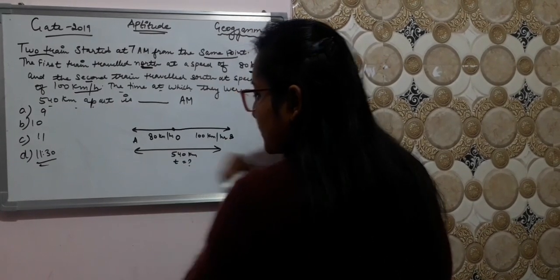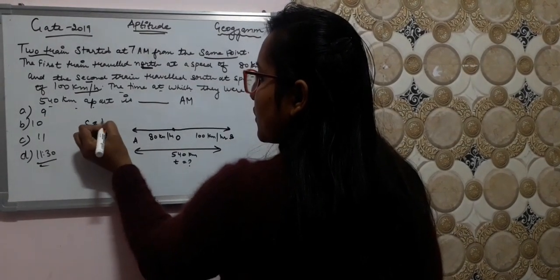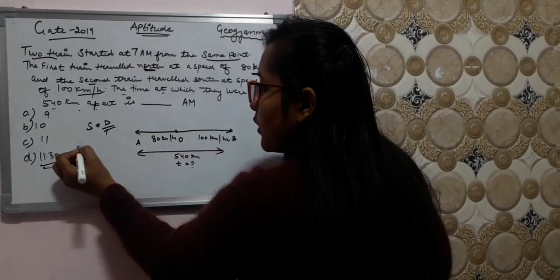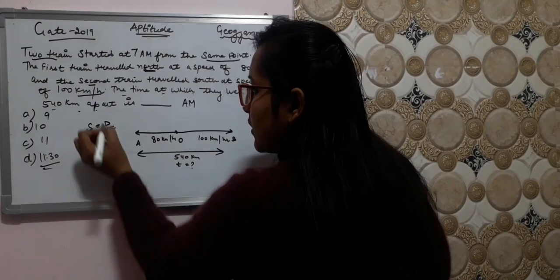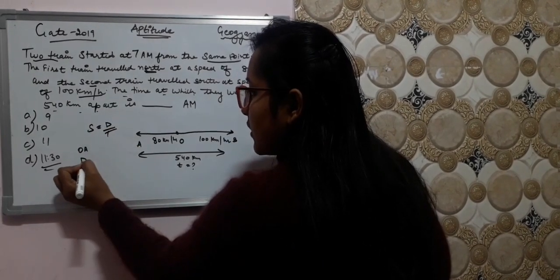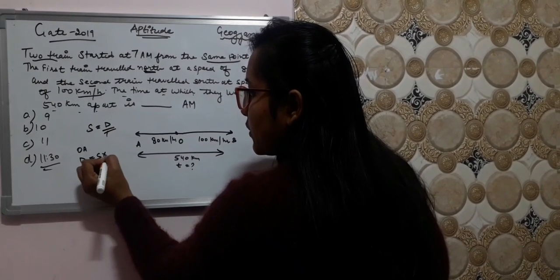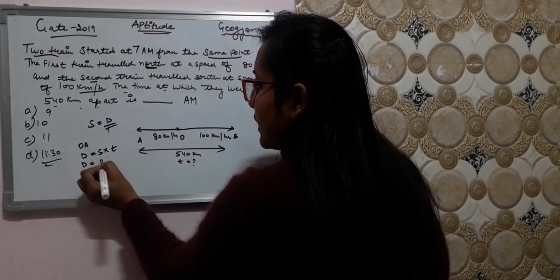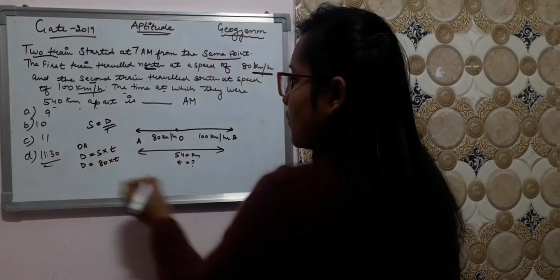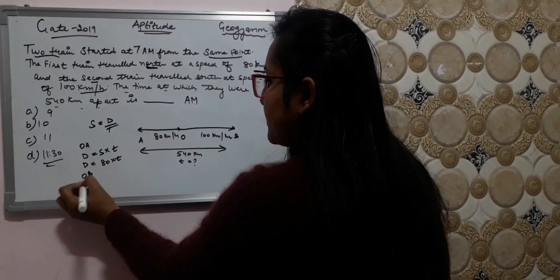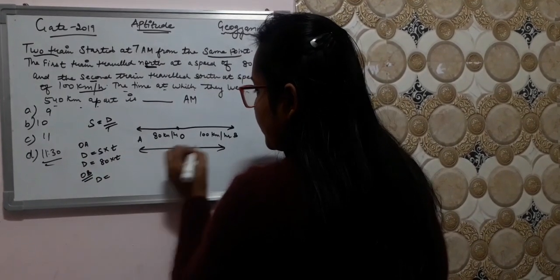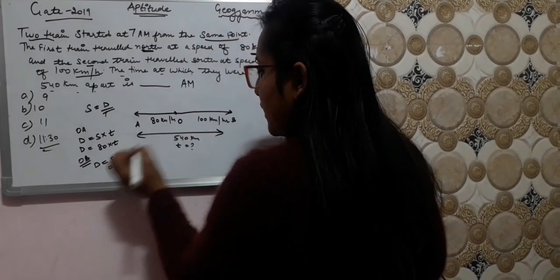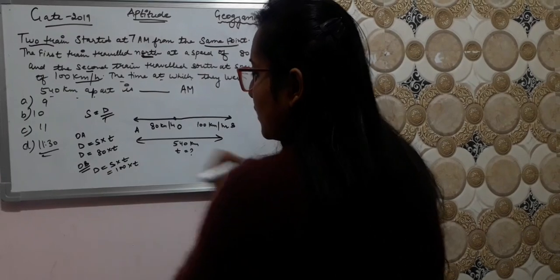Okay. So what is speed? Speed is equal to distance upon time. So for OA, distance will be speed into time. So distance is, speed is 80 into time. For OB, D will be speed into time. It is 100 into T. Okay.